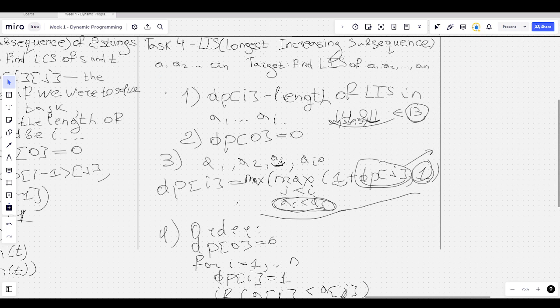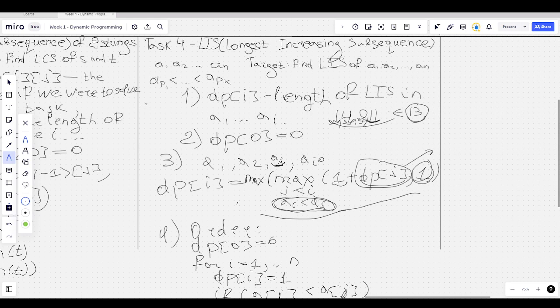Increasing means that if we consider the subsequence, the elements of this sequence are located in linear order.